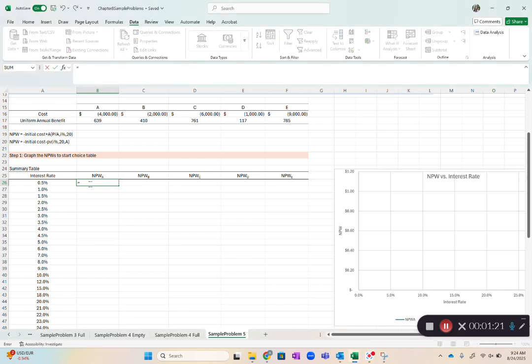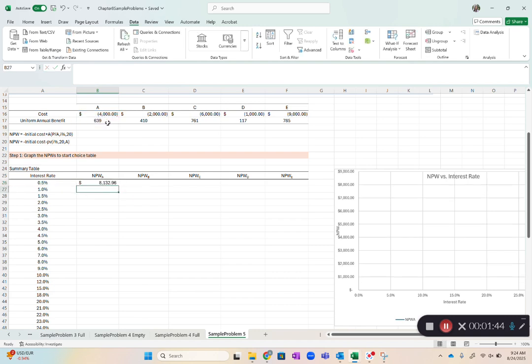Okay, so for net present worth option 1, I'm going to say this is equal to the initial cost and then minus the present value with my interest rate and my number of years. They're all going to be 20. And then my annual benefit, which is a positive value.